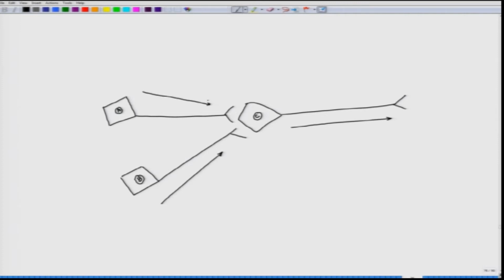Let us assume this one is excitatory, this one is inhibitory, this one is excitatory. Suppose at time t1, A sends a signal. This is excitatory, so it made this one generate a signal, and this gets transmitted further down.